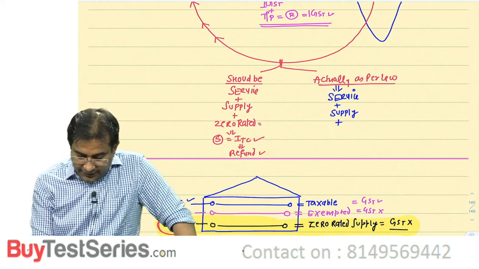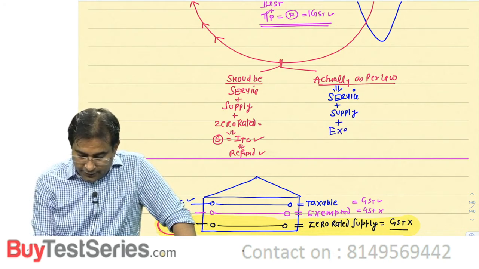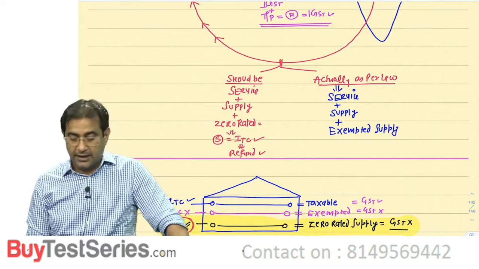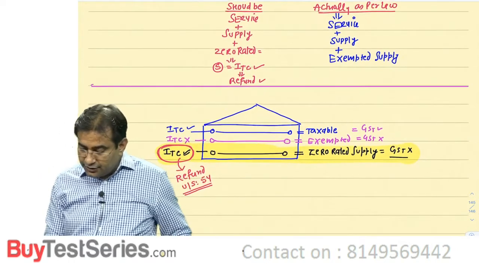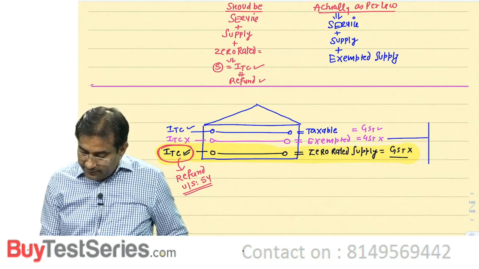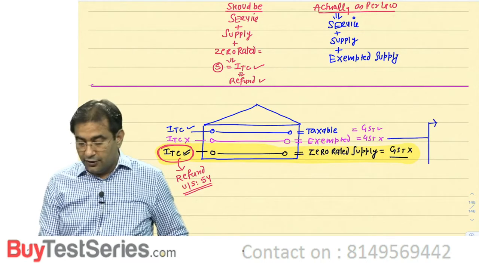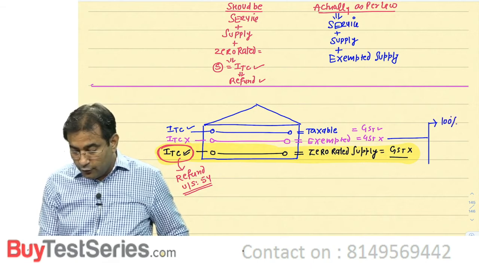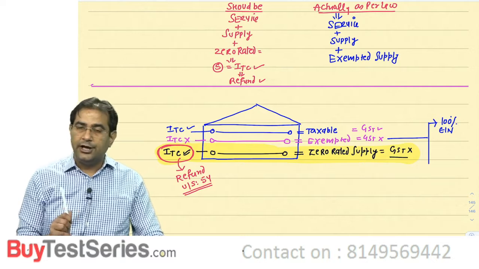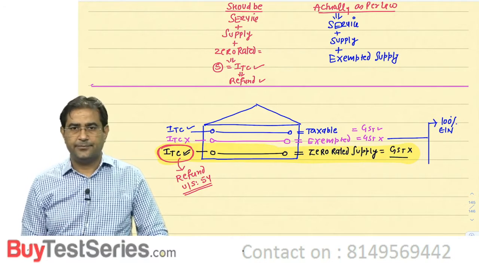But it will never be treated as zero rated supply. We will call it exempted supply. We have learned the definition of exempted supply. Exempted supply can be divided into three parts. First one is the supply falling under any 100% exemption notification.